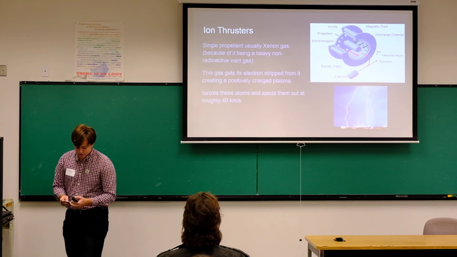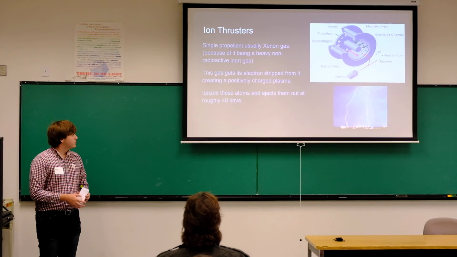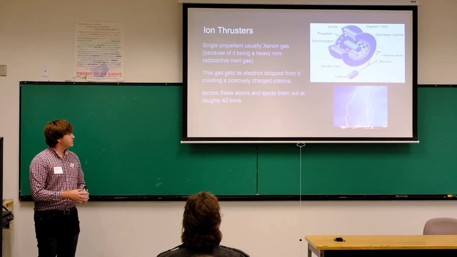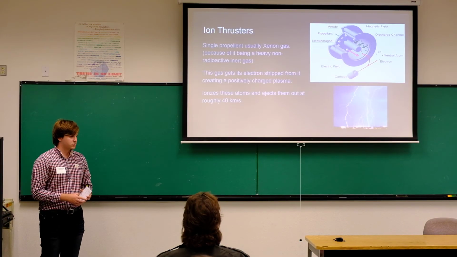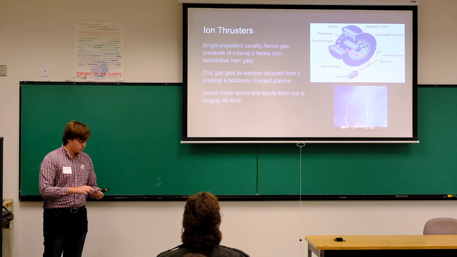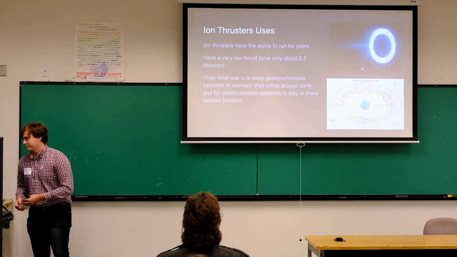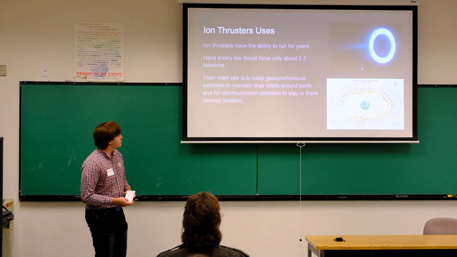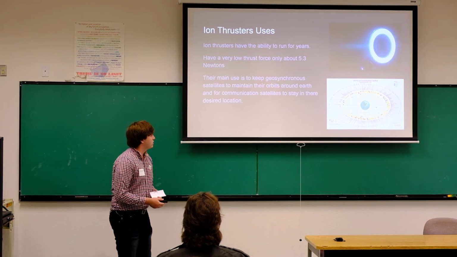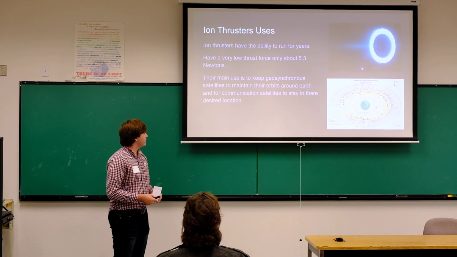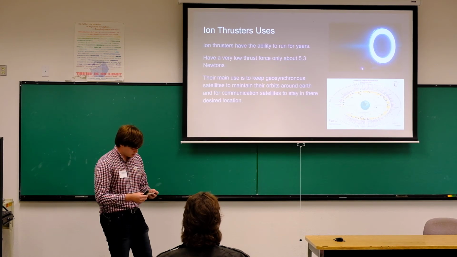They're not a large amount of mass. So it's kind of stripping it, creating that plasma. It looks cool, and it does produce a thrust force, but it's very small, and we'll talk about that as well pretty soon.